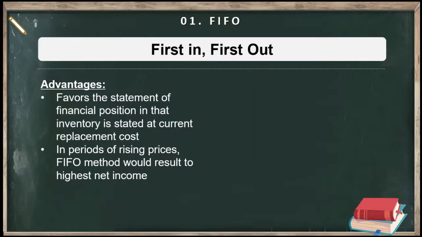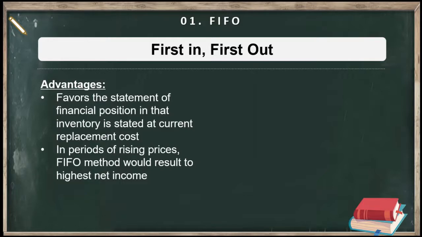In periods of rising prices, the FIFO method would result in the highest net income. Why is it that we will have a high net income if we're using FIFO and the prices are high? Of course, because when we're going to sell the items and then rising man ang prices, so we can sell it at a high selling price, but the cost of goods sold nato is relatively cheaper because the pricing or the costing that we use are coming from the old prices.